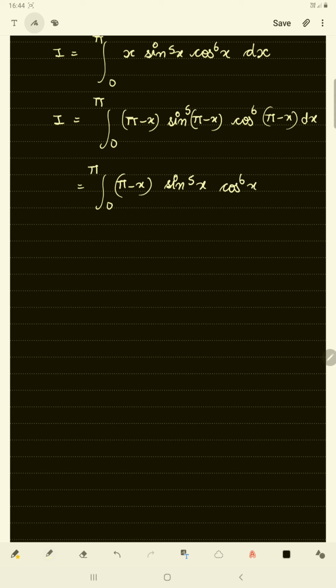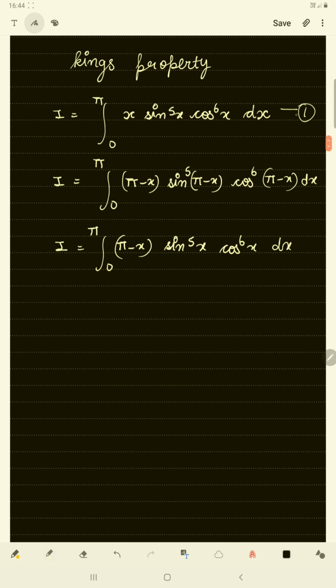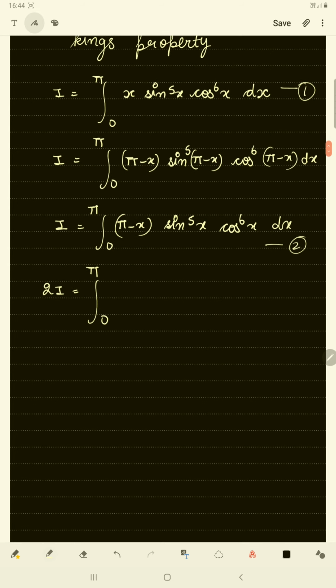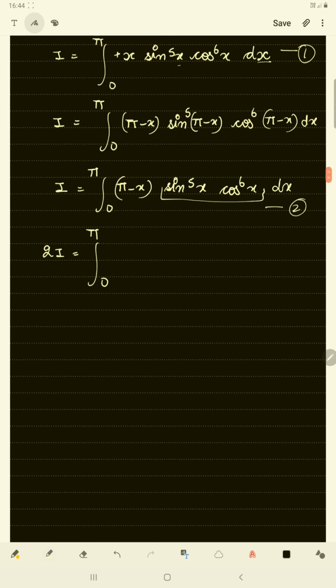Now adding the first equation and the second equation, we get 2I is equal to the integral from 0 to pi, the limits remain the same, and now we have a positive x and this function, and if we multiply the bracket by individual terms, we get a minus of x and this term. So both the terms get cancelled because we have a plus in the first and a minus in the second.